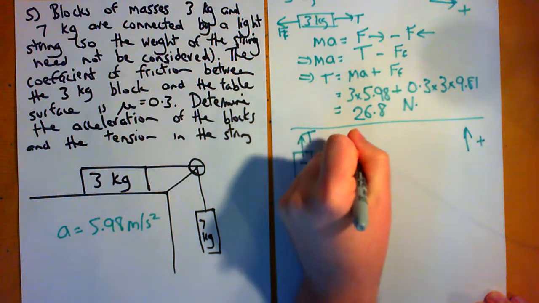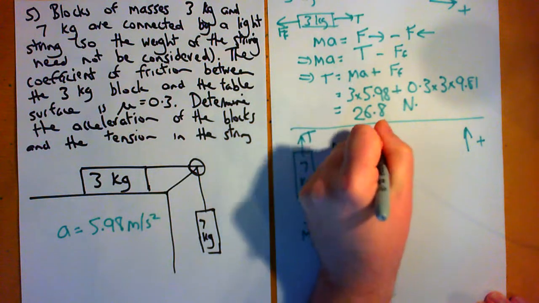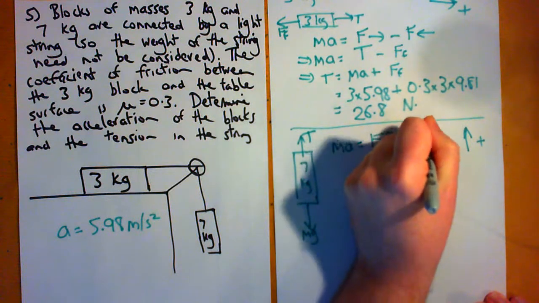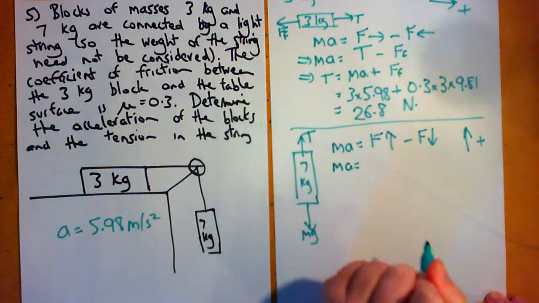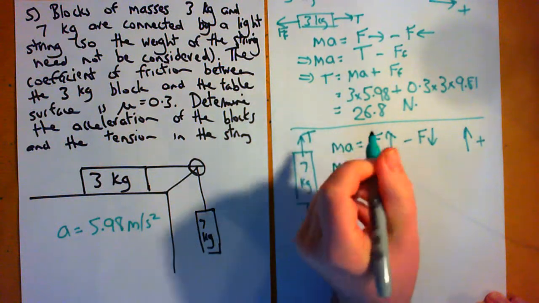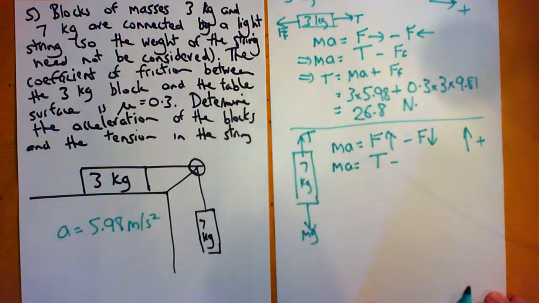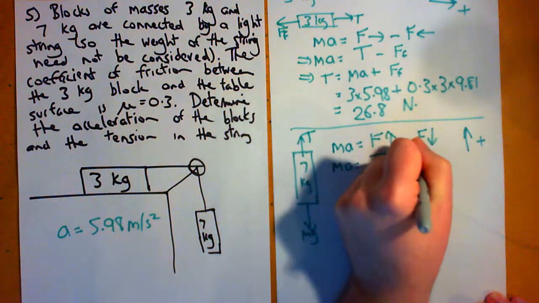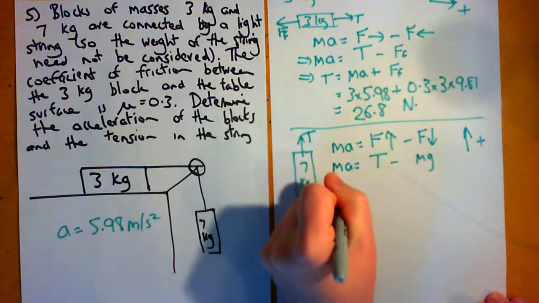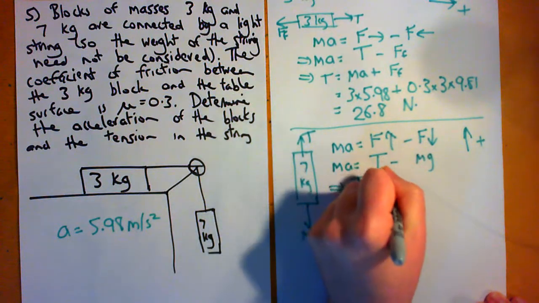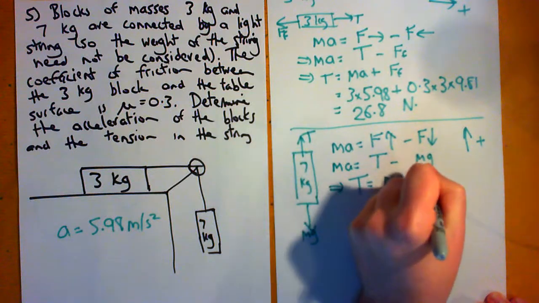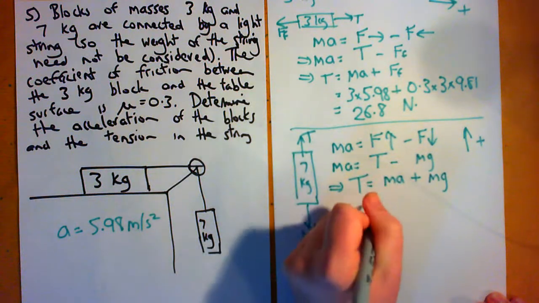Newton's second law says mass times acceleration is therefore forces upwards minus forces downwards. Mass times acceleration is forces upwards, the tension, minus forces downwards, the mass times gravity. So therefore, rearranging that equation, we get T equals mass times acceleration plus mass times gravity.